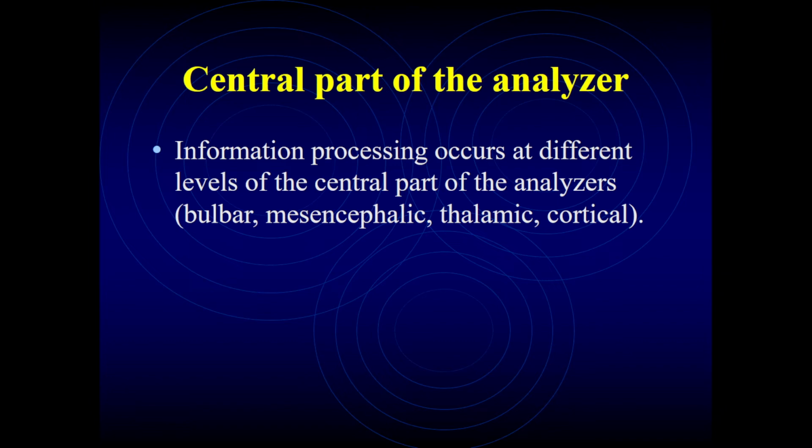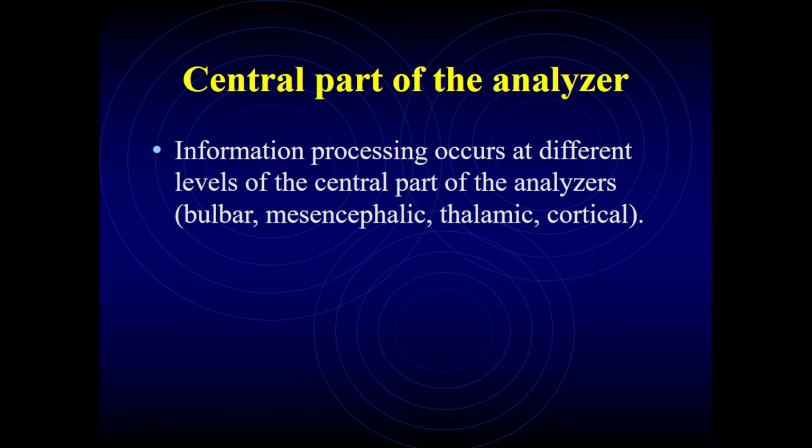The highest analysis and synthesis of information takes place in the cortex. Sensations are formed and the biological significance of stimuli is assessed. Based on this, purposeful behavior is organized.